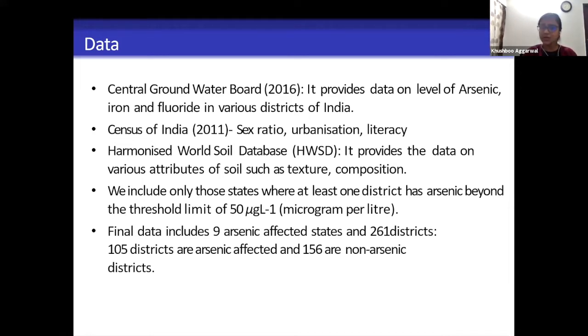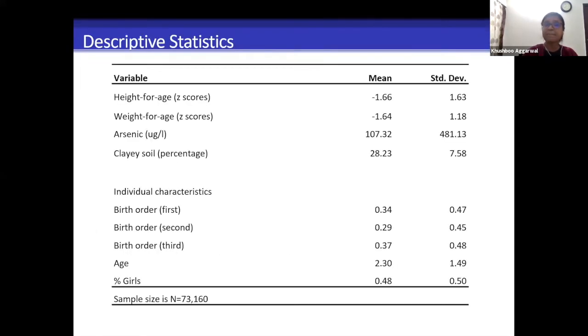Now, in this study, the parameter that we have taken for choosing a state is that we include only those states in our analysis where at least one district has arsenic beyond the threshold limit. Accordingly, in our final data set, we have 9 arsenic affected states and 261 districts, which further gets classified into 105 arsenic affected districts and 156 non-arsenic affected districts.